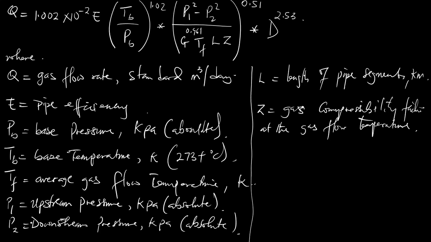So now we're going to be making use of this formula to solve for the upstream pressures at each segment of the pipeline. First we need to calculate the internal diameter of the pipeline. We have the nominal diameter of the pipeline to be 400 millimeter and the pipe thickness to be 10 millimeter.